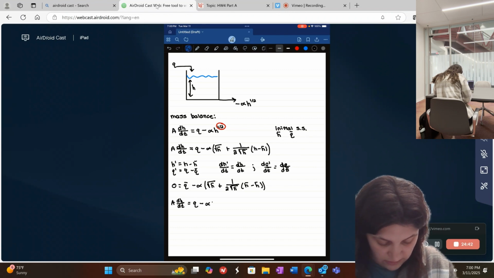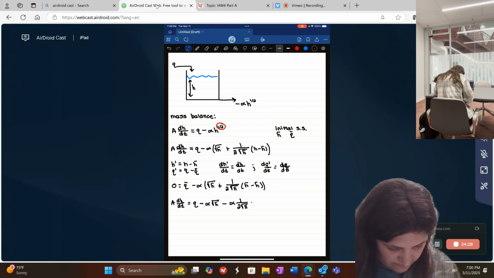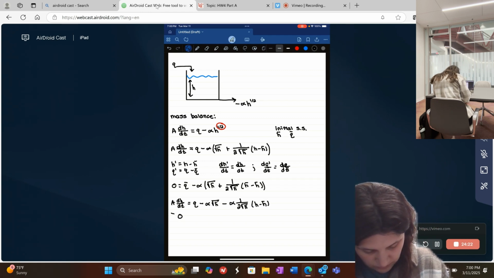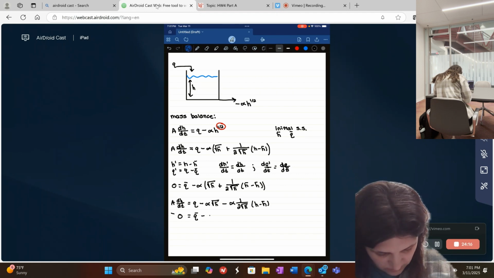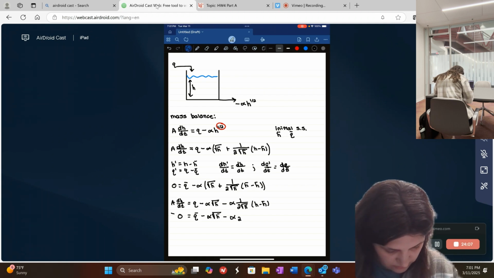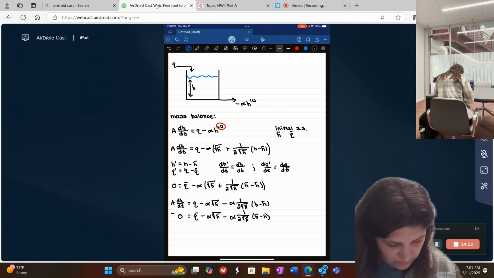When our equation's at steady state, the left side is zero, and this is flow at initial state.